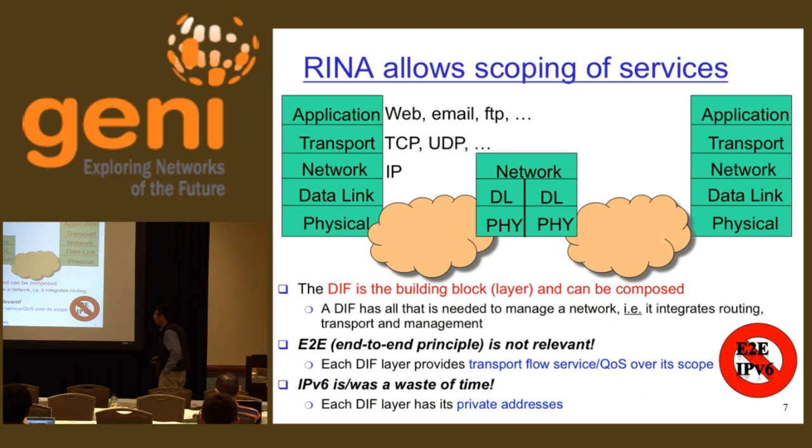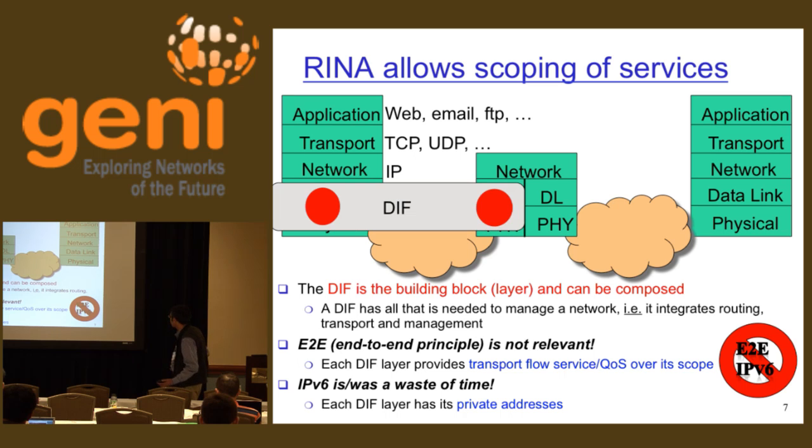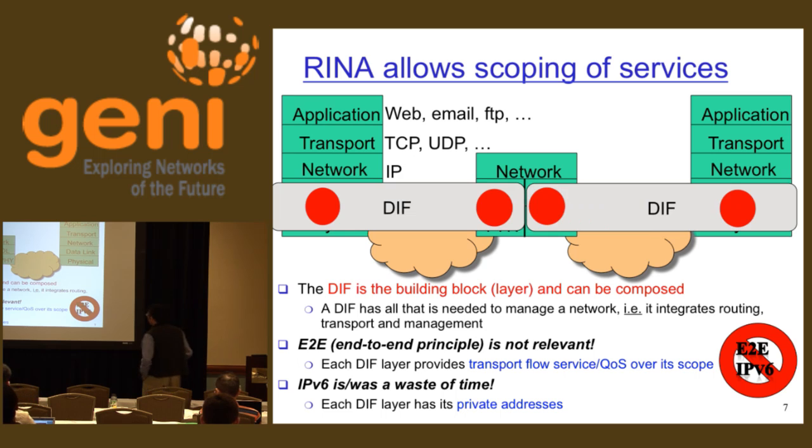So if I want to impose this view over this traditional TCP/IP architecture, one way to look at it is that I can imagine I have DIFs to manage communication over individual domains or networks or links.